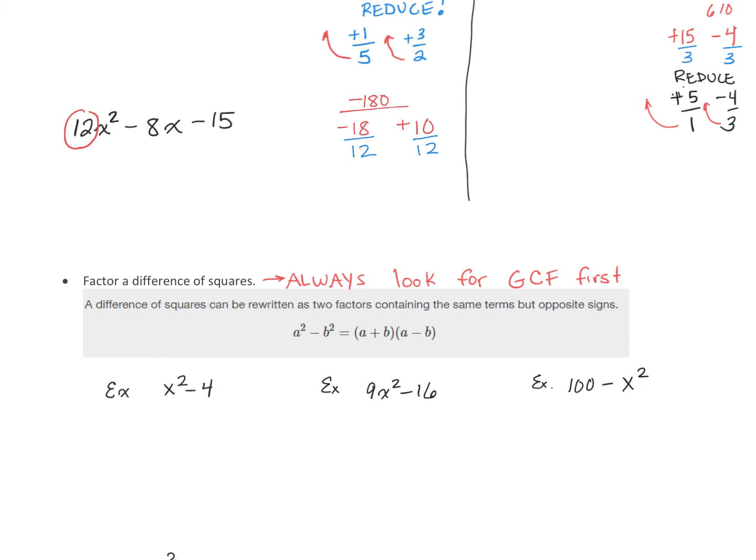And we're going to reduce. Dividing by 3 for this first one, negative, I think I can divide by 6. Negative 3 over 2. And this one I'll divide by 2. Positive 5 over 6. Then we will bring these up and get 2x minus 3 and 6x plus 5.